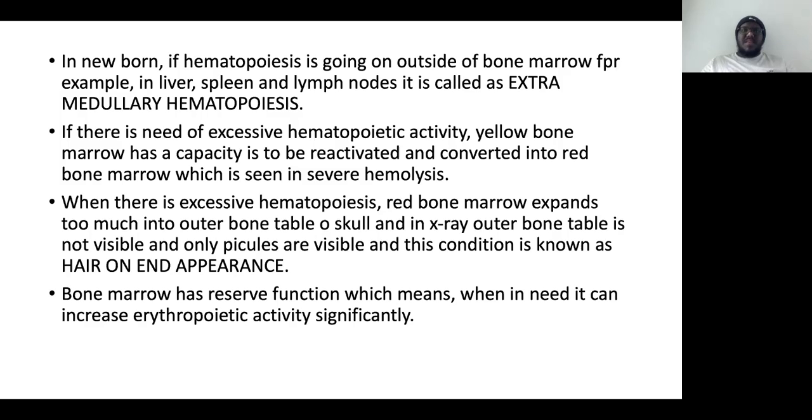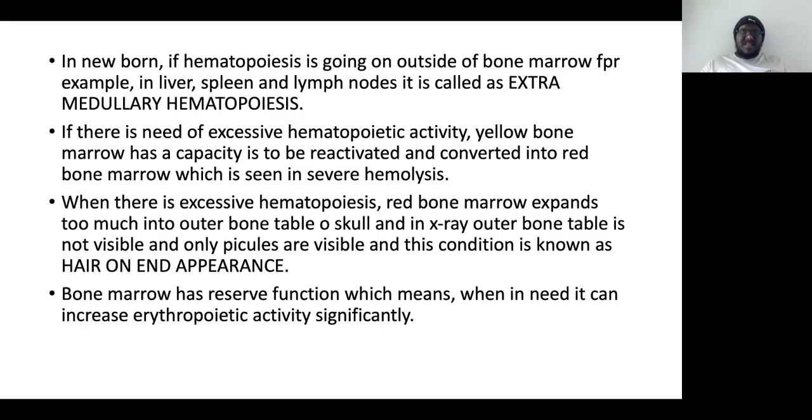In a newborn, if hematopoiesis is going on outside of the bone marrow, for example in the liver, spleen, and lymph nodes, it is called extramedullary hematopoiesis. If there is a need for excessive hematopoietic activity, yellow bone marrow has the capacity to be reactivated and converted into red bone marrow, which is seen in severe hemolysis.